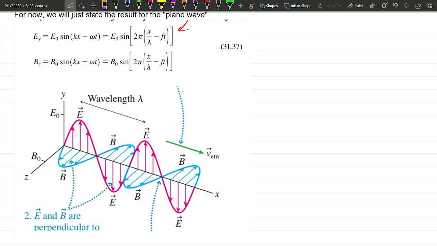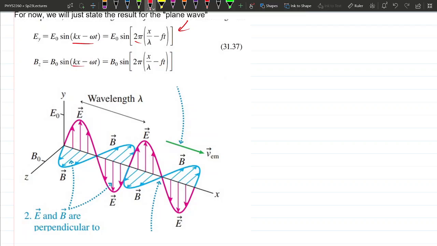Remember, this k is known as the wave number. Omega is the same angular frequency we've been playing around with, and then times time. If you want to convert this to wavelength and frequency, there's an equivalent, but it's usually easiest to work with these because then you don't have a bunch of 2 pi's going around everywhere.